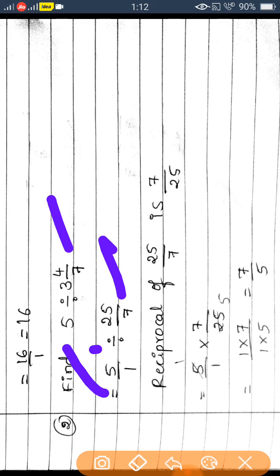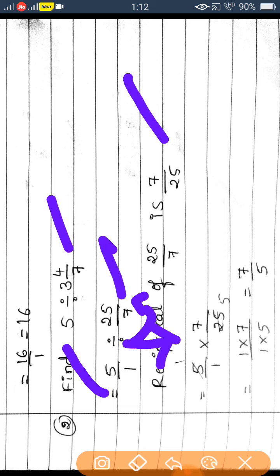So next sign. We cannot divide it easily. So what should I do? I should convert this division to multiplication, which means I should change this to its reciprocal. So I have to take the reciprocal of 25 by 7. Reciprocal of 25 by 7 is 7 by 25.